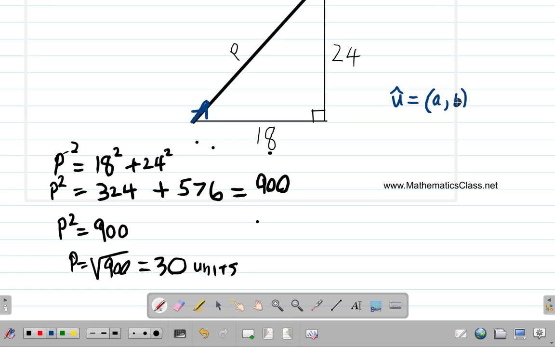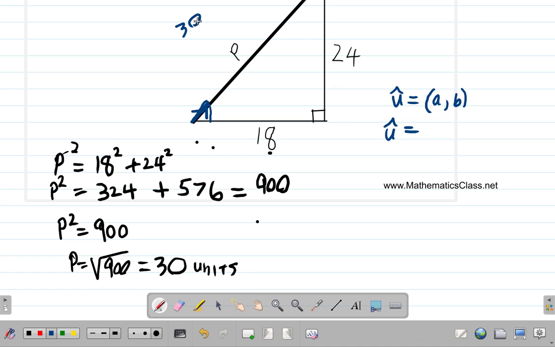It's to find A and B now. If the magnitude is 1, then the unit vector is going to be each of these numbers over 30, because if you have the magnitude 30 divided by 30, you get 1.